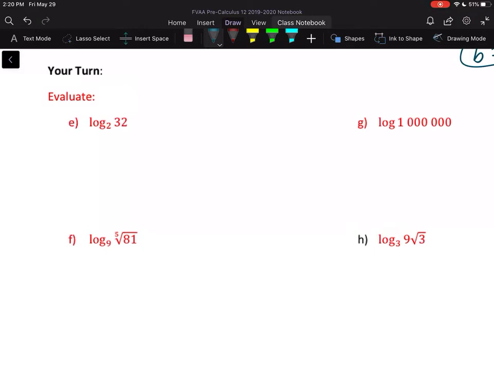All right, hopefully that went well for you. Let's take a look at these ones here. So again, a is equal to 2, c is equal to 32. So if it's a to the b is equal to c, 2 to the b is equal to 32.